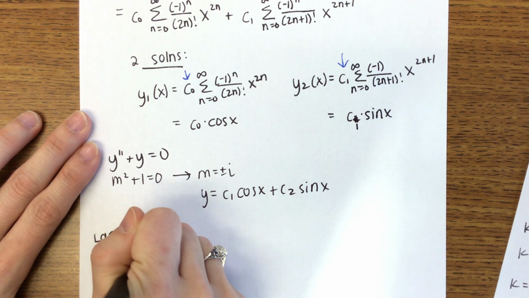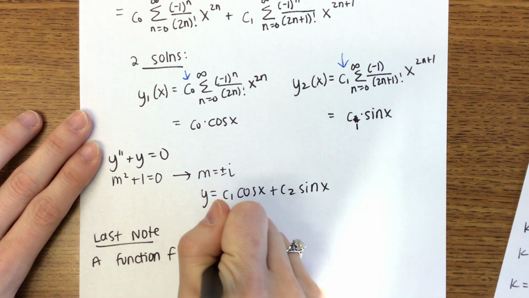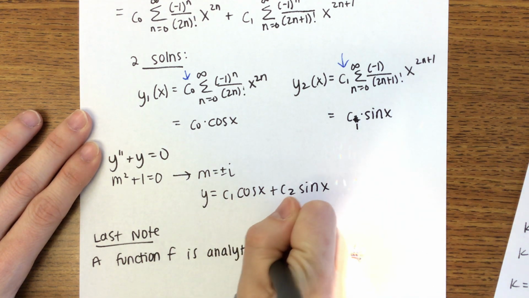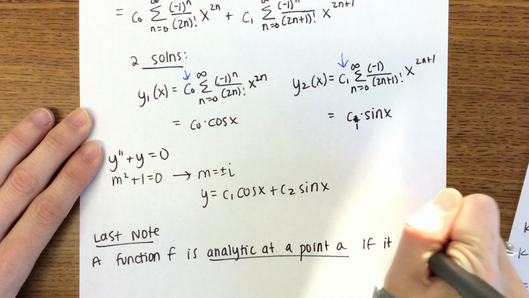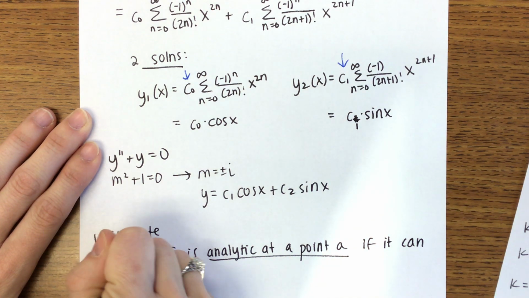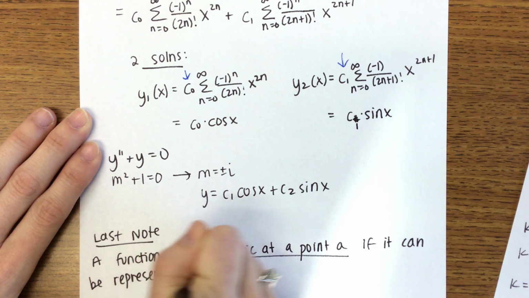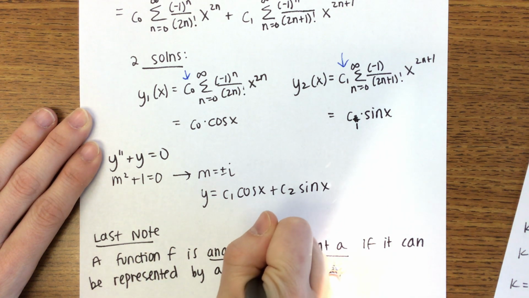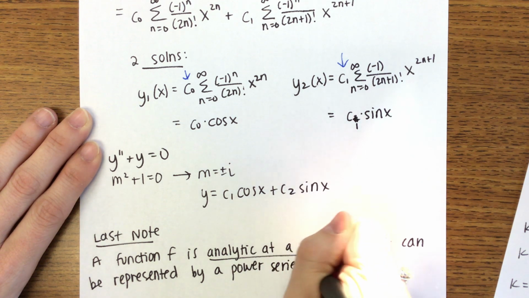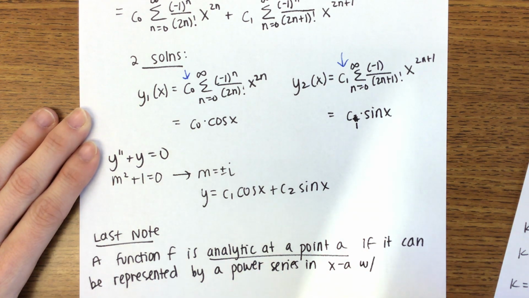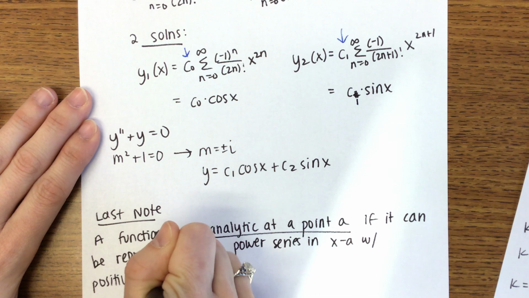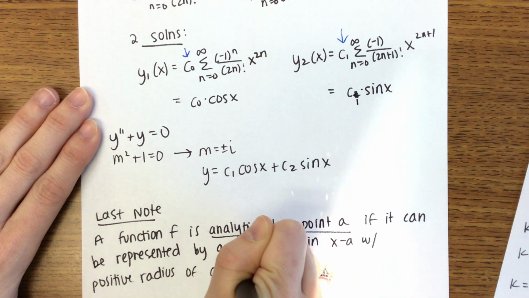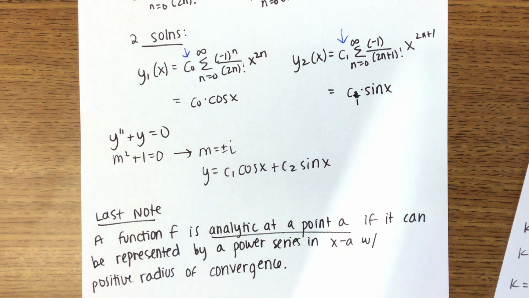We say that a function f is analytic at a point a if it can be represented by a power series in x minus a that has a positive radius of convergence. So like I said, that's not really important to us now, but it is going to be important later.